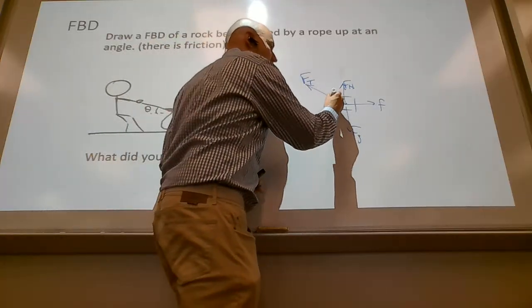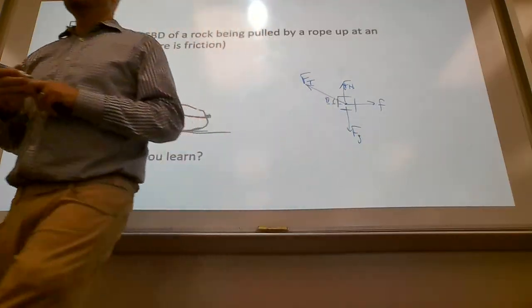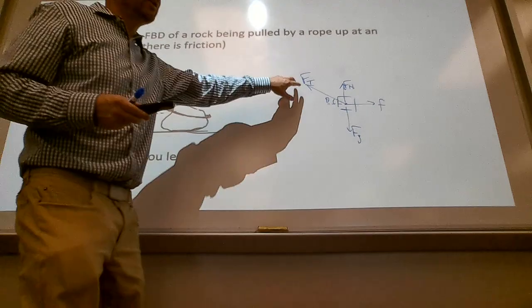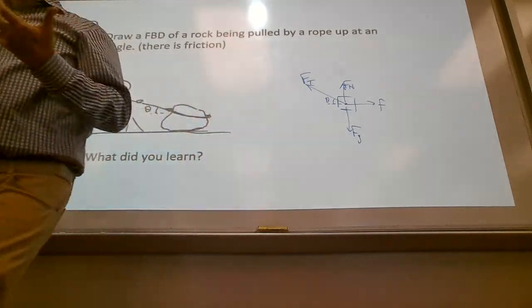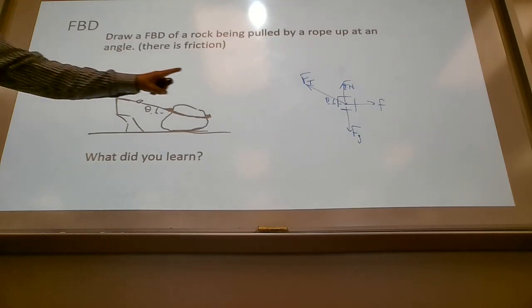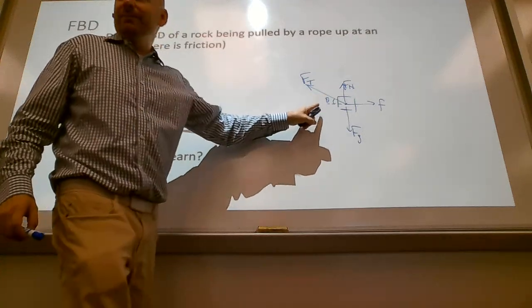That's the free body diagram of the rock being pulled by a rope. I'm gonna call that tension and not applied force because what's touching the rock? The rope, not the person, okay? Notice this is at an angle, a little foreshadowing.